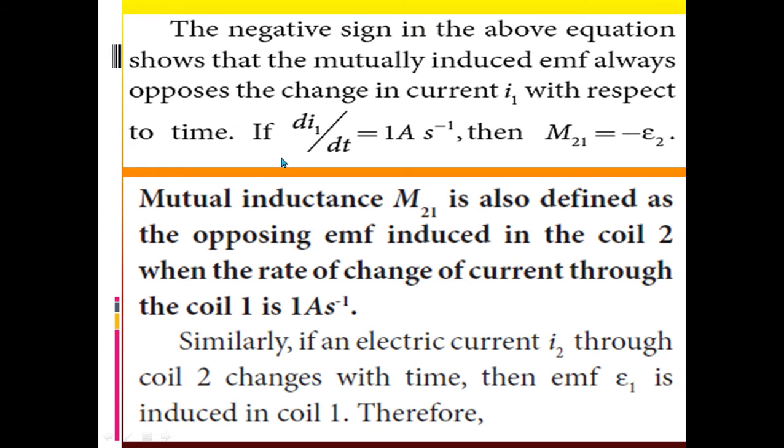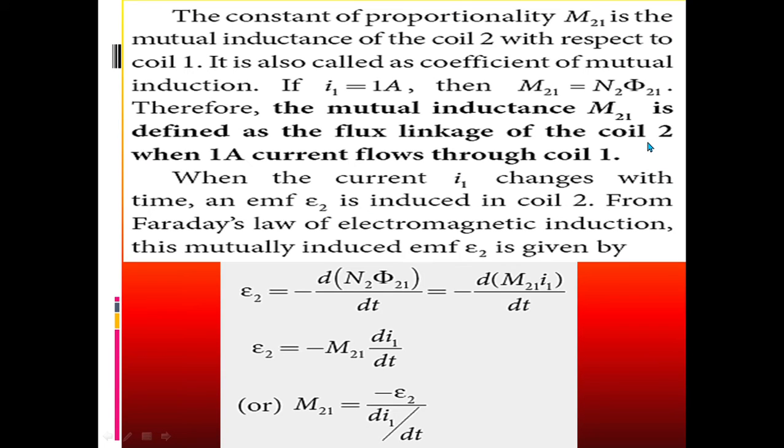So if dI1 divided by dt is equal to 1 ampere per second, then M21 is equal to minus epsilon 2. We are just substituting the value. Since dI1 divided by dt is 1 ampere per second, this term is 1, so the equation can be written as M21 is equal to minus epsilon 2.